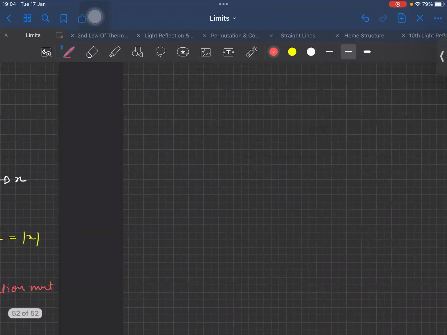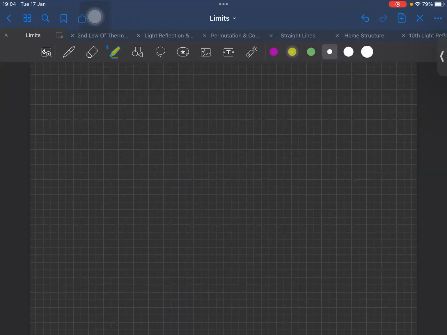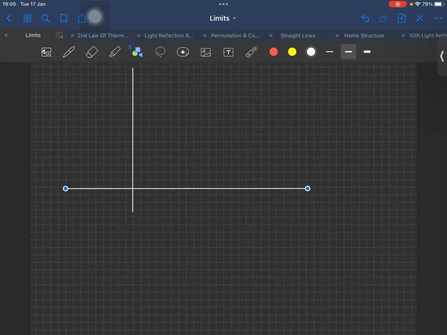Let me take an example which is in your 12th standard book. I haven't checked whether it is in your 11th standard book, but in NCERT this example is there, because you have to study derivatives again in 12th standard. So this is y, this is x, and we are plotting y is equal to the fractional part of x, f of x equal to {x}.